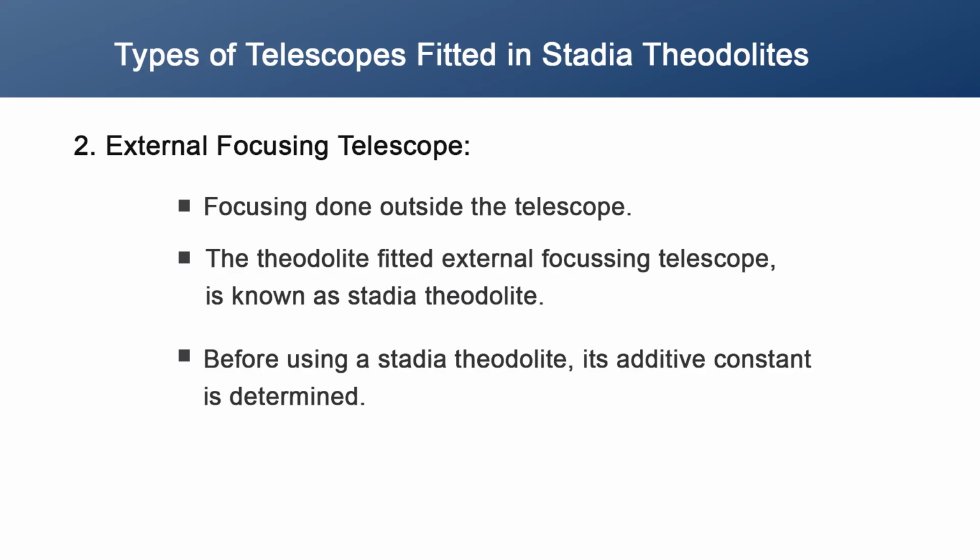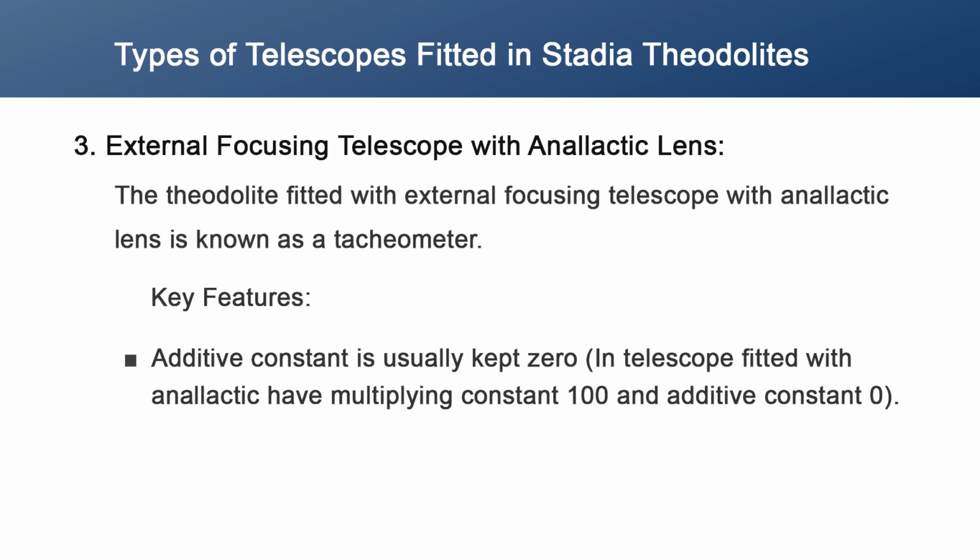Next, we have the external focusing telescope. This type has the focusing done outside the telescope. If your theodolite has this, it is called a stadia theodolite. It is easy to use and reliable, but there is an even more precise option. That is where the external focusing telescope with analytic lens comes in.